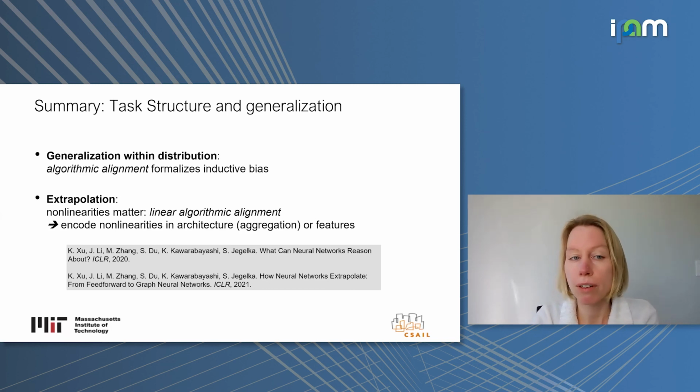Second, if you want to generalize out of distribution, the nonlinearities matter too, because of the way your modules are set up, because of the way ReLU networks act out of distribution. So here it's better to encode the nonlinearities in the architecture or features, as we have also seen in previous talks.